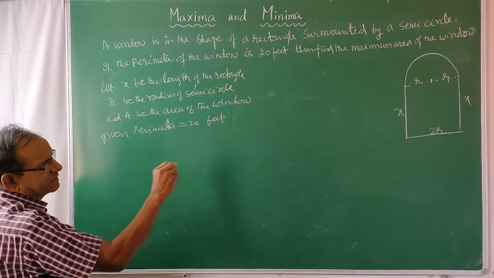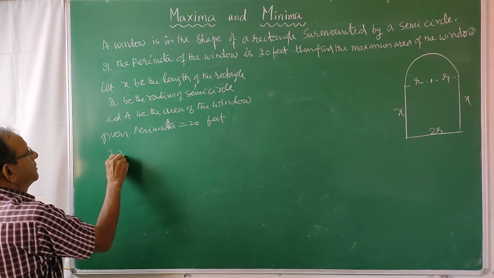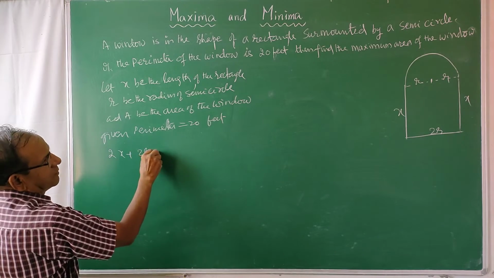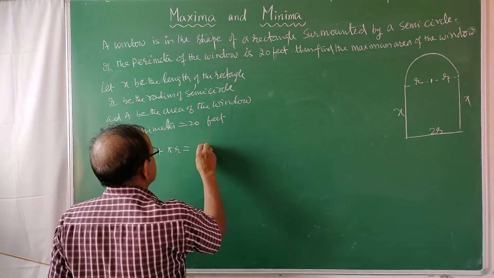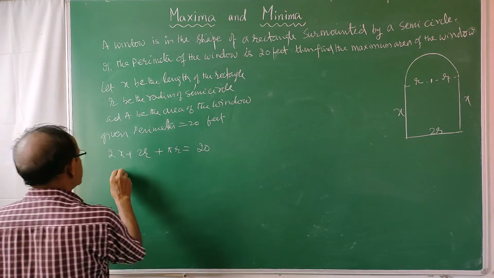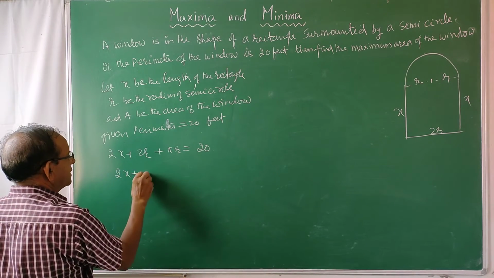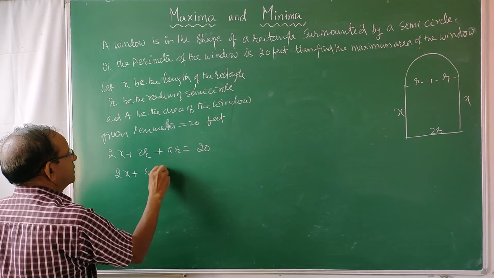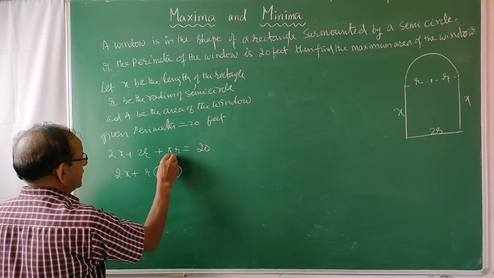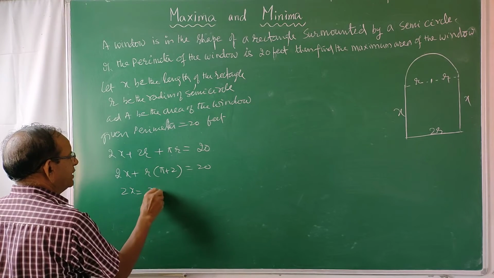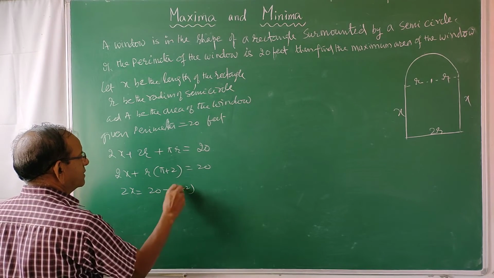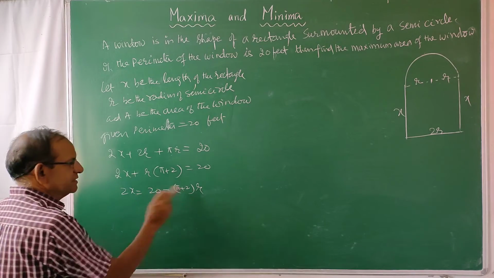What is the perimeter of the window? 2x plus 2r plus pi r. Pi r is the semicircle part, that is 20. So 2x plus r into pi plus 2 is equal to 20. So 2x is equal to 20 minus pi plus 2 into r. So this is x in terms of r.